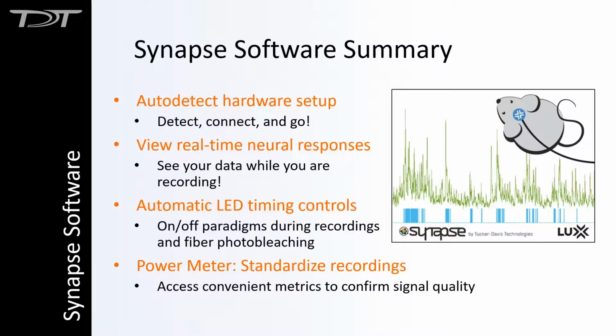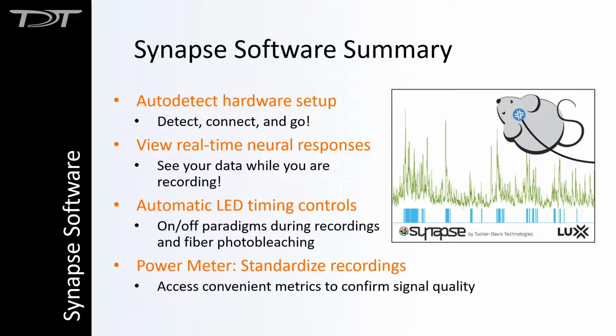So in summary, with the Synapse software, the new features that we've added for controlling your RZ10X: we have the Autodetect feature so that you can view your hardware setup in the software with the idea of detect, connect, and go. We have added real-time viewing of neural responses, so you can see delta F over F and view your data live as opposed to waiting till you do your offline analysis to see if there's an effect.